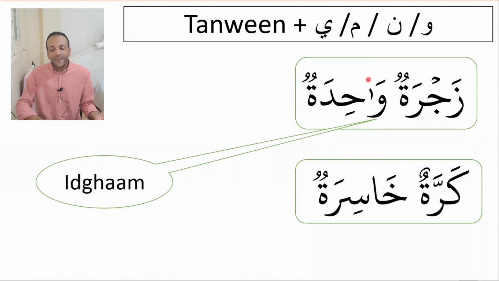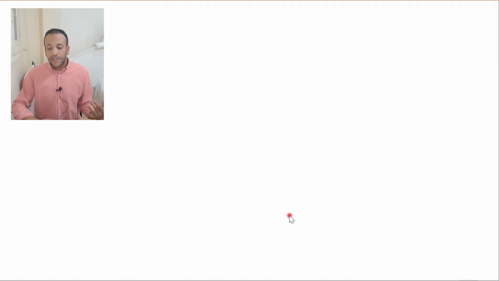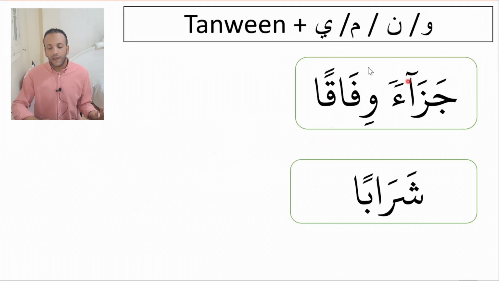The following letter here is Waw, which is one of these 4 letters. So this means that here is a position of Idgham with Ghunnah. While finding Tanween Dhamma written like this is a sign of another rule that we will learn inshallah in next lessons. The same thing here with Tanween Fatha.